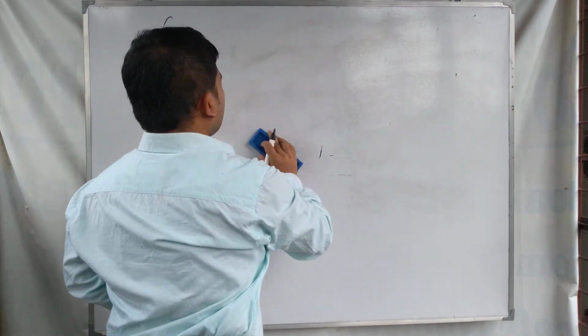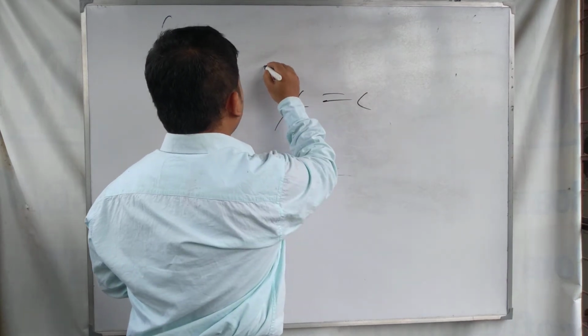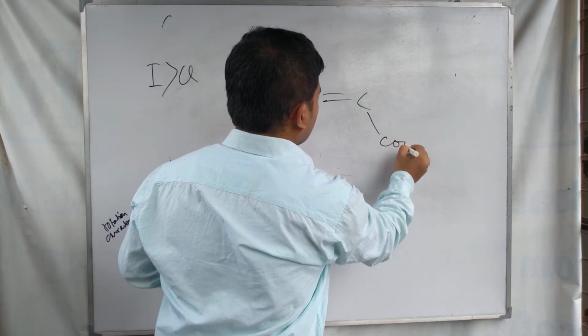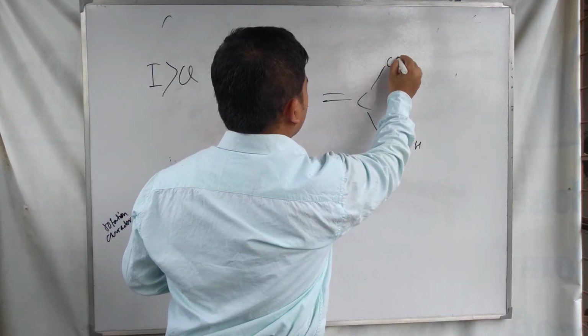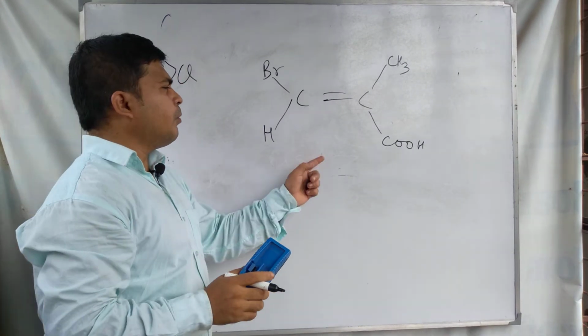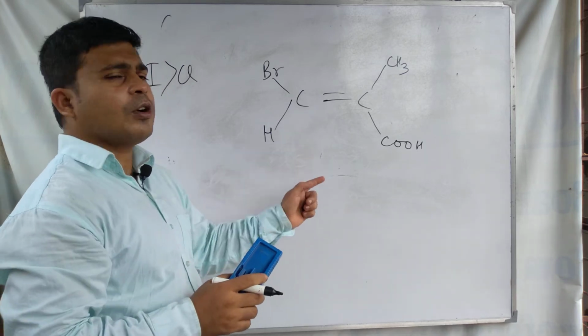Okay, suppose we take another example, for the case of bromine, hydrogen, COOH and CH3. So this one has a geometrical isomer. We have to know whether this one is a cis or trans isomer.